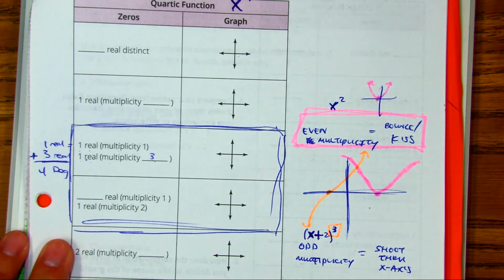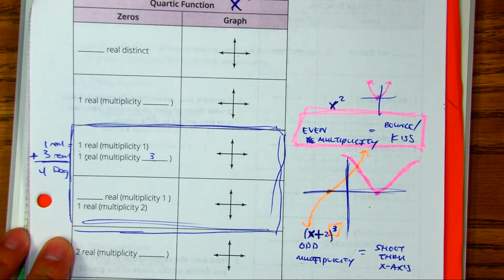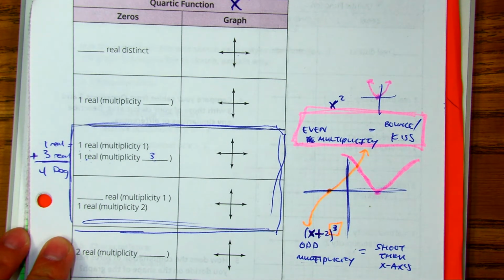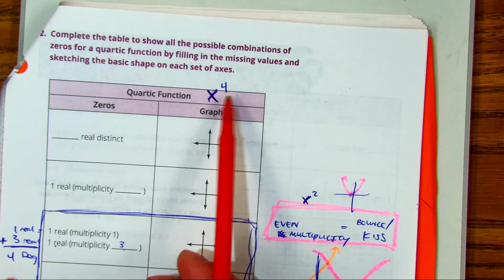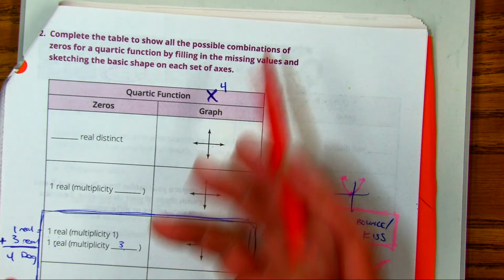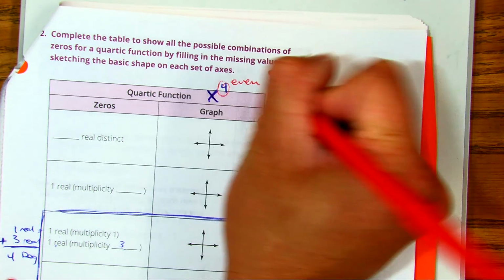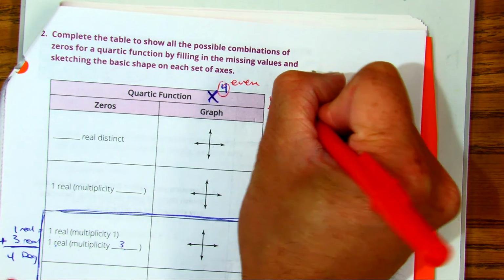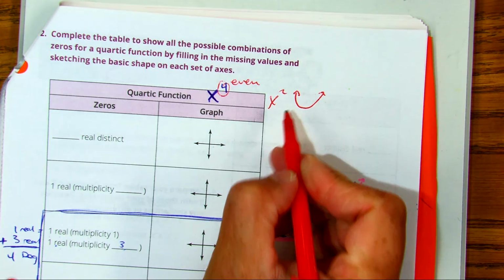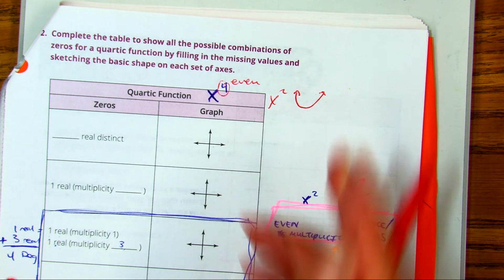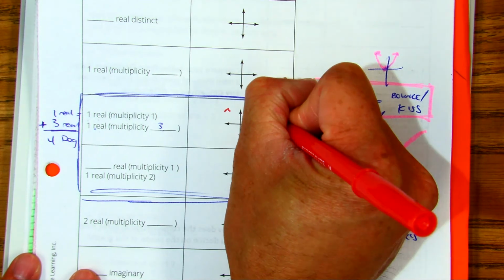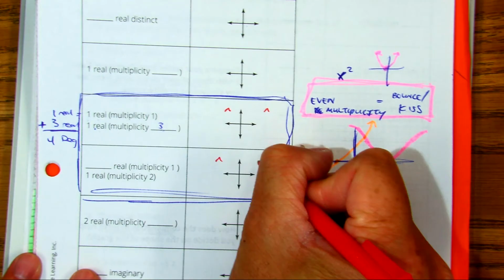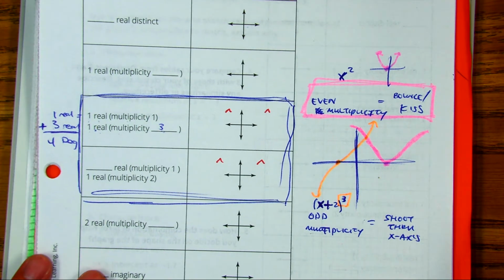Okay, so now we're going to have to sketch this out. What is my graph going to look like? Well, is this an even or an odd? What's the easiest even we know? Starts down, ends up. Right? So I'm going to do that for all of these graphs. Does that make sense? Okay.